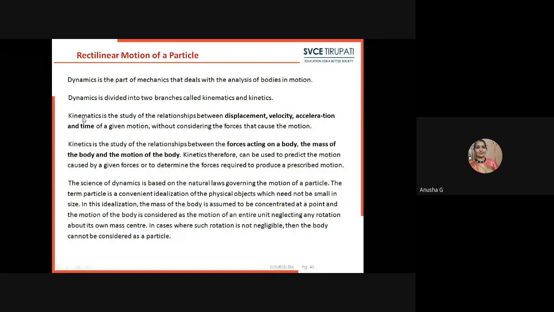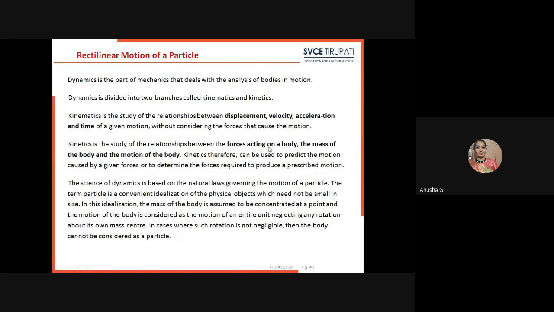We know about kinematics. Kinematics is the study of the relationship between displacement, velocity, acceleration and time of a given motion, without considering any forces causing the motion. Kinetics is the relationship between the force acting on a body, the mass of the body and the motion of the body. Kinetics can therefore be used to predict the motion caused by a given force, and to determine the forces required to produce a prescribed motion.